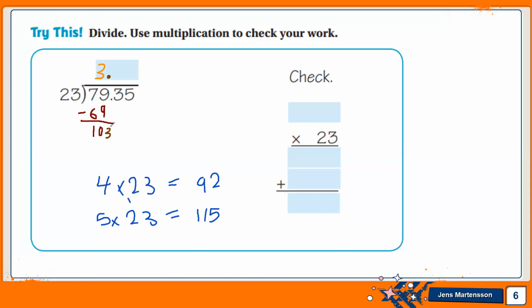So where is 103? Between 92 and 115, closer to what? Bravo. It's closer to 92, which is 4 times 23. So Noor said that we have to put number 4 up.